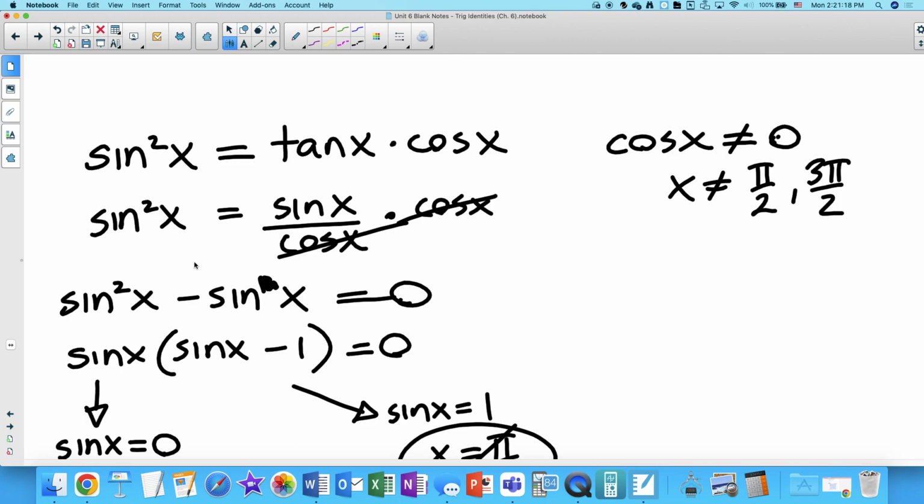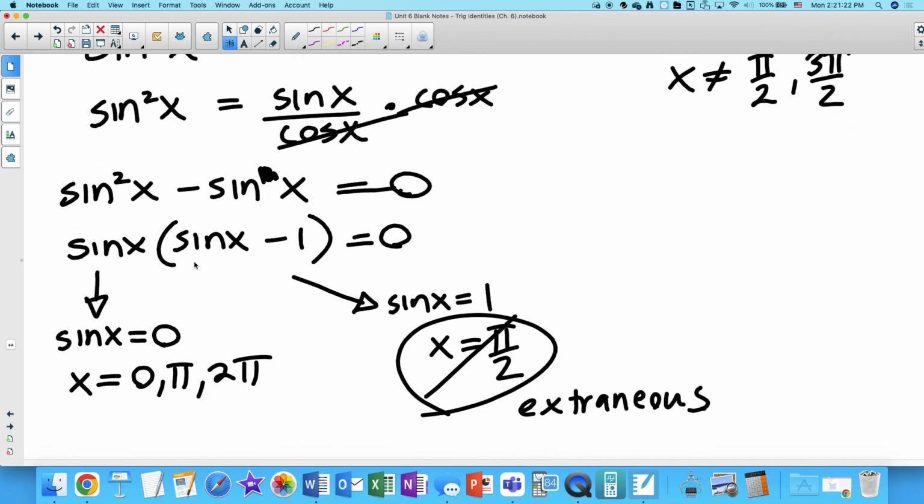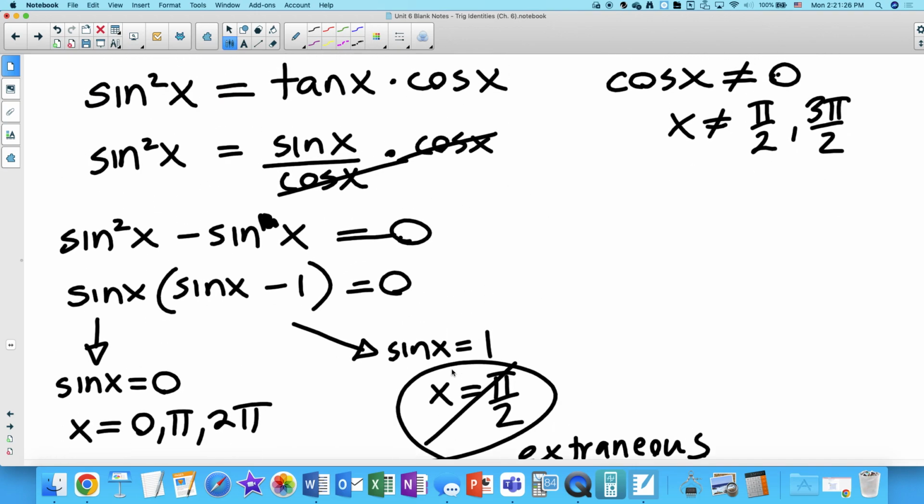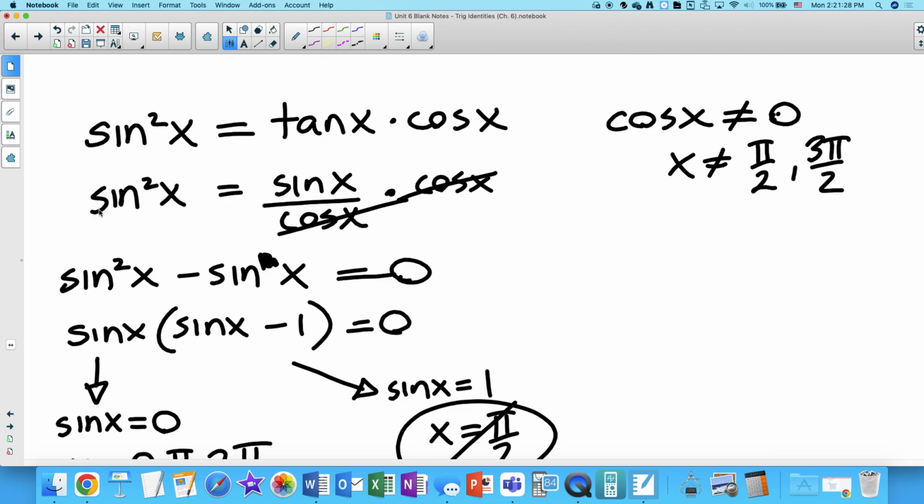So the reason why, although it's an answer for sine, it's extraneous, is that if you plug that back into the original equation, the left side will not equal the right side. On the left side you get 1. On the right side, you get 1 over 0 times 0, which we don't know what to do with.